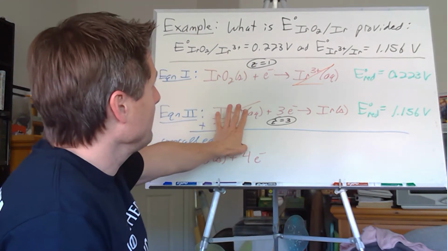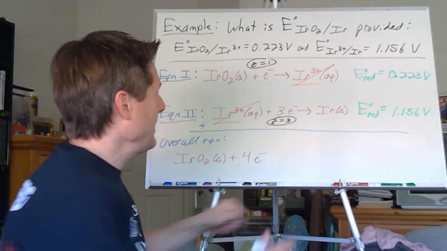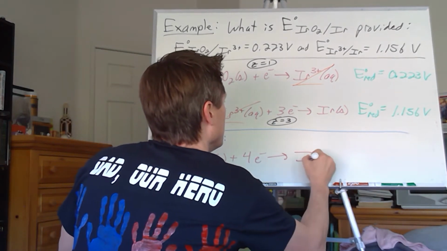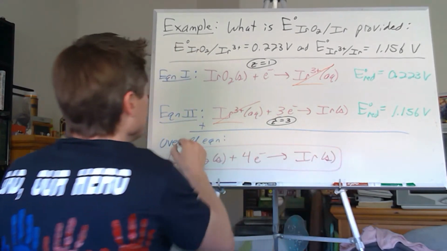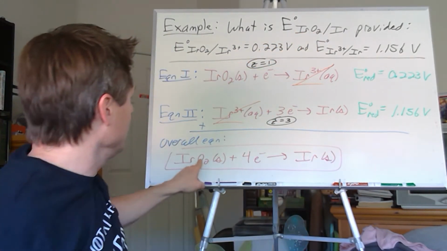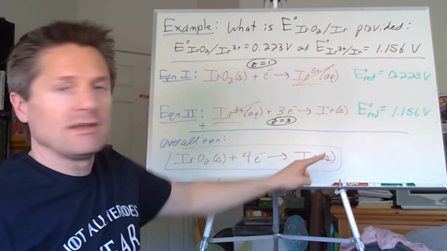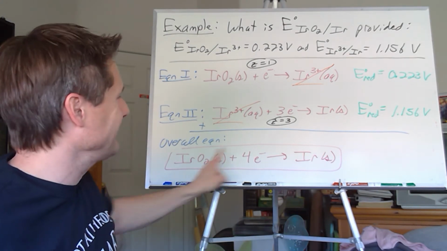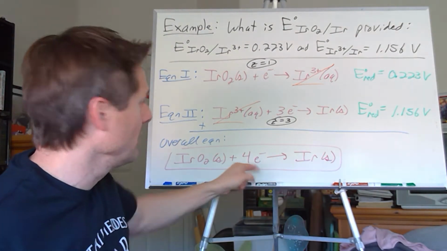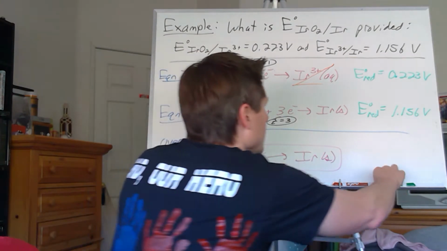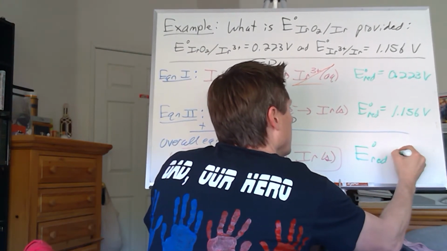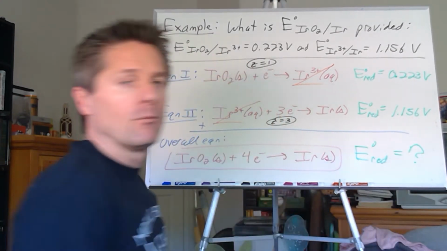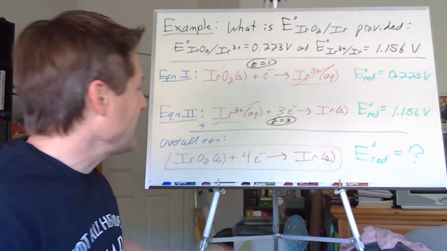And that's it on the left-hand side. The iridium 3 on the right-hand side's gone. Going to iridium solid. That's what we're after. You see that? IrO2 reducing to Ir solid, going from a +4 oxidation number to a 0 oxidation number. So it should pick up 4 electrons. And so we want the reduction potential for that.